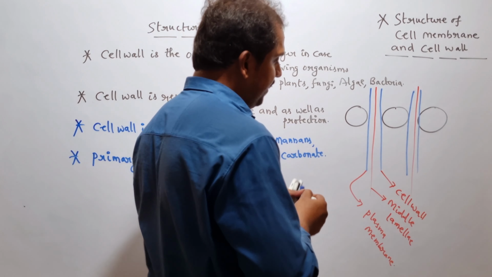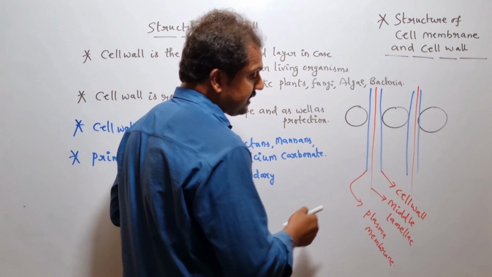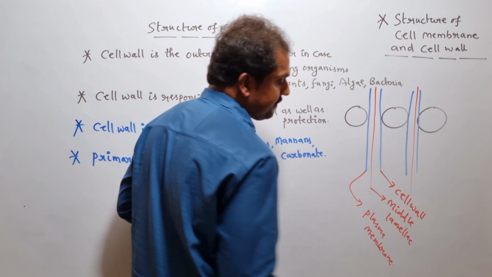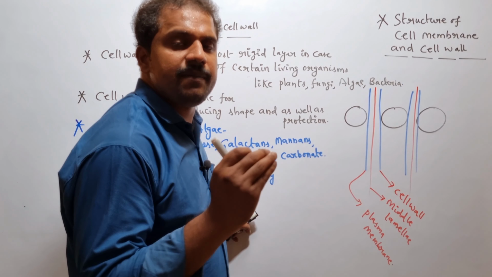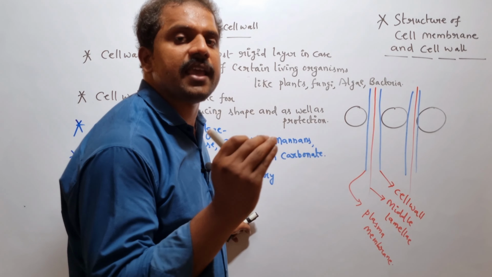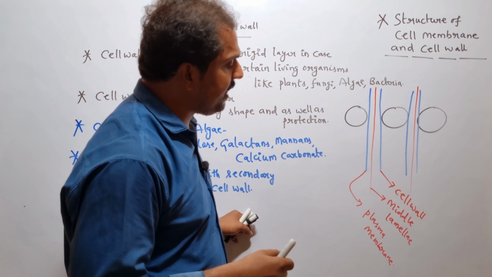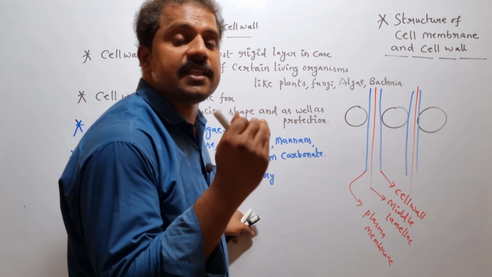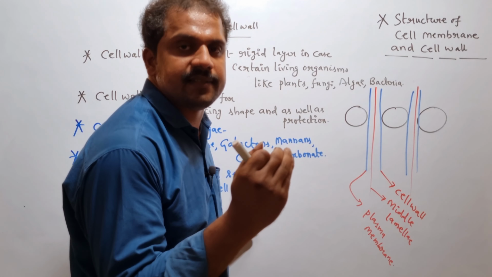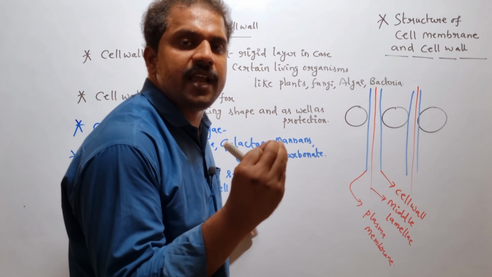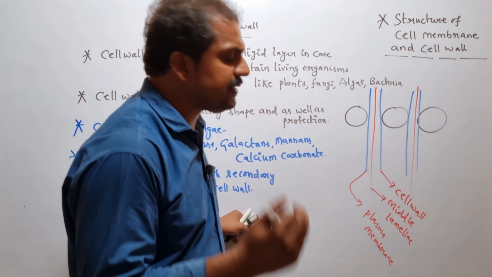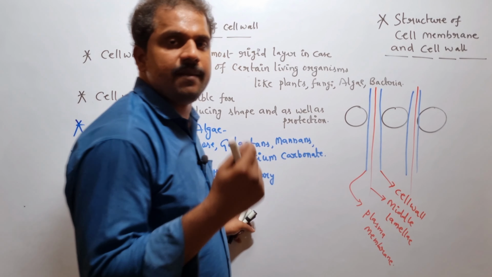In between the cell wall and the plasma membrane, the middle lamellae is present, and it is chemically composed of calcium pectate. The middle lamellae is responsible for the successful adherence of plant cells. Is it clear? For the adherence of neighboring plant cells, the middle lamellae plays an important role.